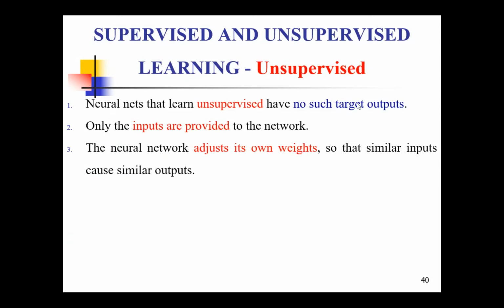For this, a higher number of data is required, since I am not going to provide any target output. That is, if I have the same combination of inputs, then the same output should be provided. So for this, the weightages of the inputs should be adjusted by the system itself.